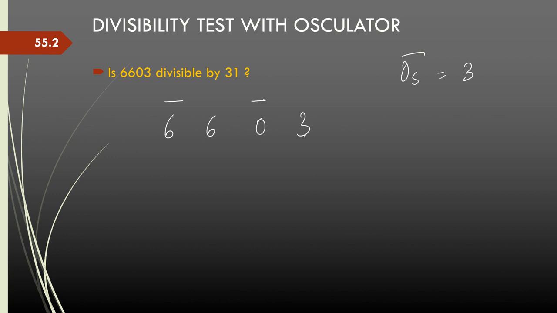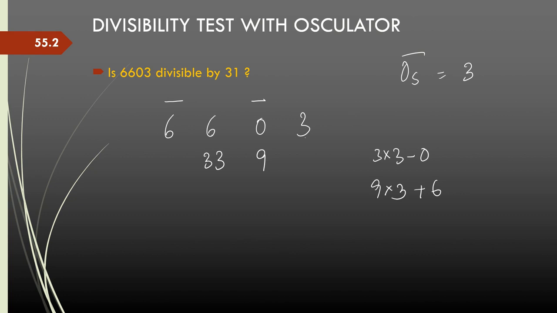First step is 3 into 3 minus 0, which is 9. Then the next step is 9 into 3. Now, 6 is a positive digit, so I will add it. 9 into 3 plus 6 is 33.